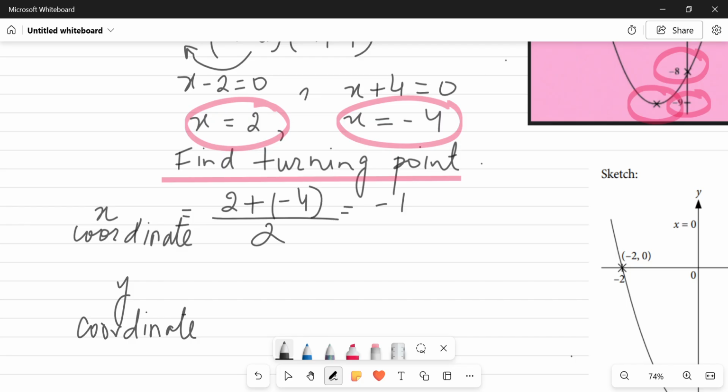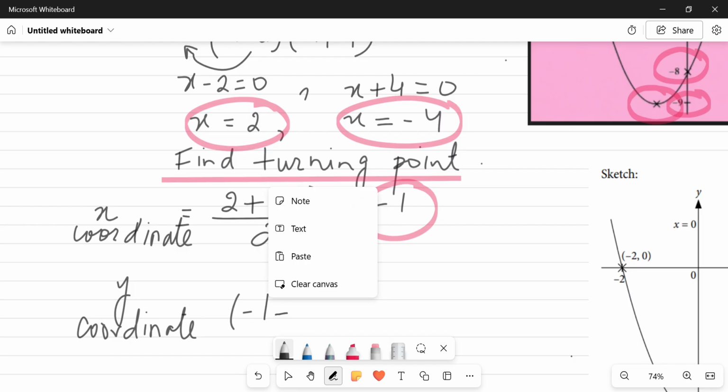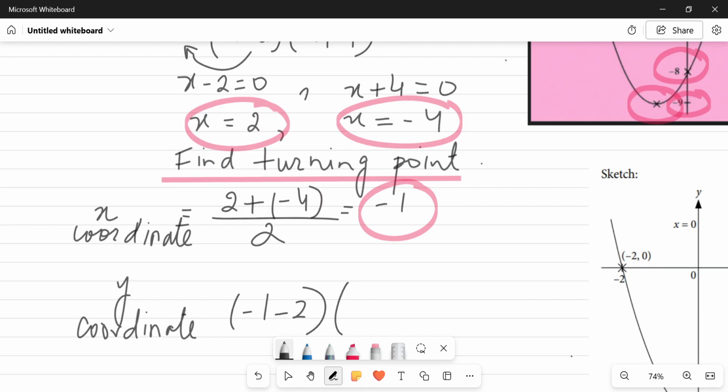The question was (x - 2)(x + 4). The x value we have found is -1. So substitute here: (-1 - 2), and then again (-1 + 4), because the x coordinate we have found is -1 and in the question it was plus 4. So when we solve it, you will get -9.